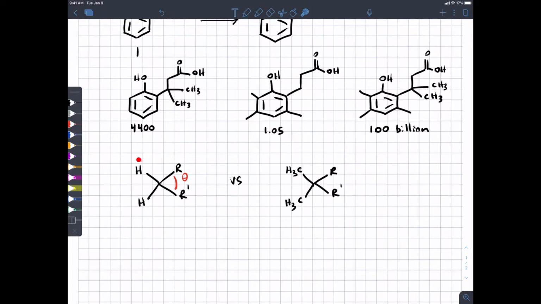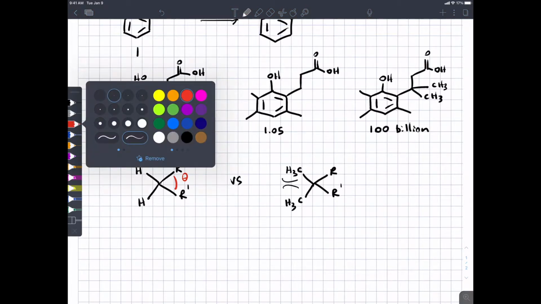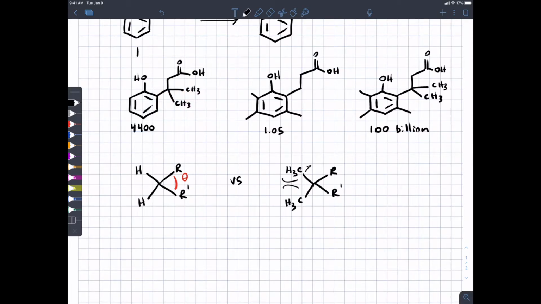But when you replace these hydrogens with methyl groups, suddenly the methyl groups are repelling each other. That's causing them to push away from each other like this, which in turn is going to compress these R groups toward each other.